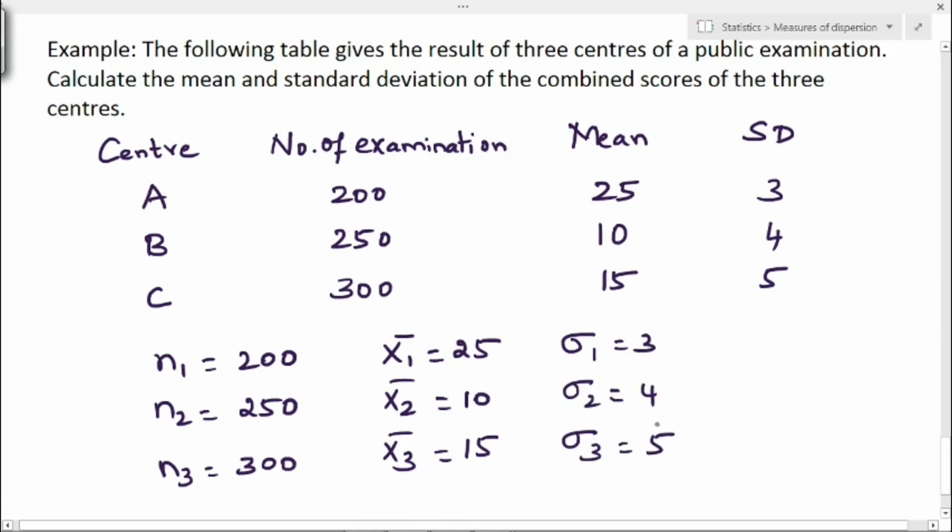But in the formula we need sigma 1 square, sigma 2 square, and sigma 3 square, so we will find them here. Sigma 1 square is 3 square, that is 9, sigma 2 square is 4 square, 16, and sigma 3 square is 5 square, 25. Now we will substitute the values directly in the formula.